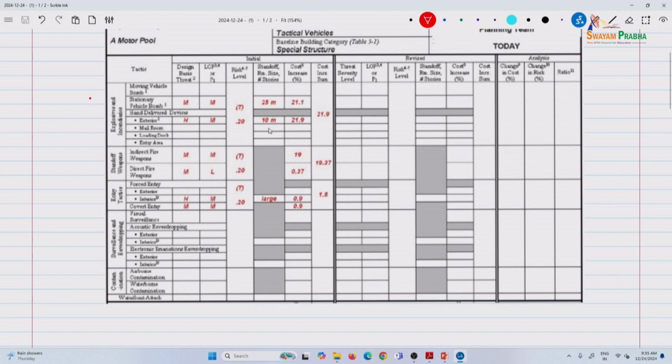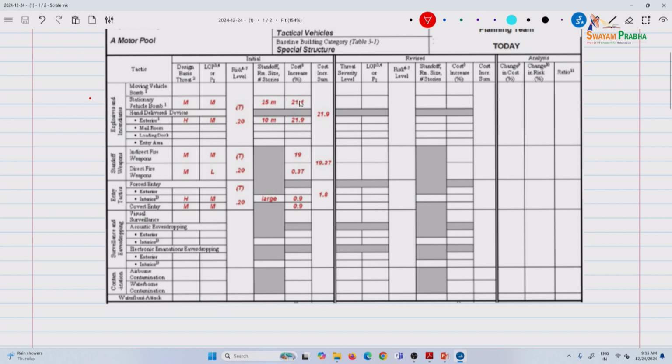If it is, then you go to the standoff distances and you see how costs change. These numbers do not just come by magic, there are calculations beyond why even the decimal is there. And I do not know myself. That depends again on the organization and how you build up from a standoff distance to a cost increase.